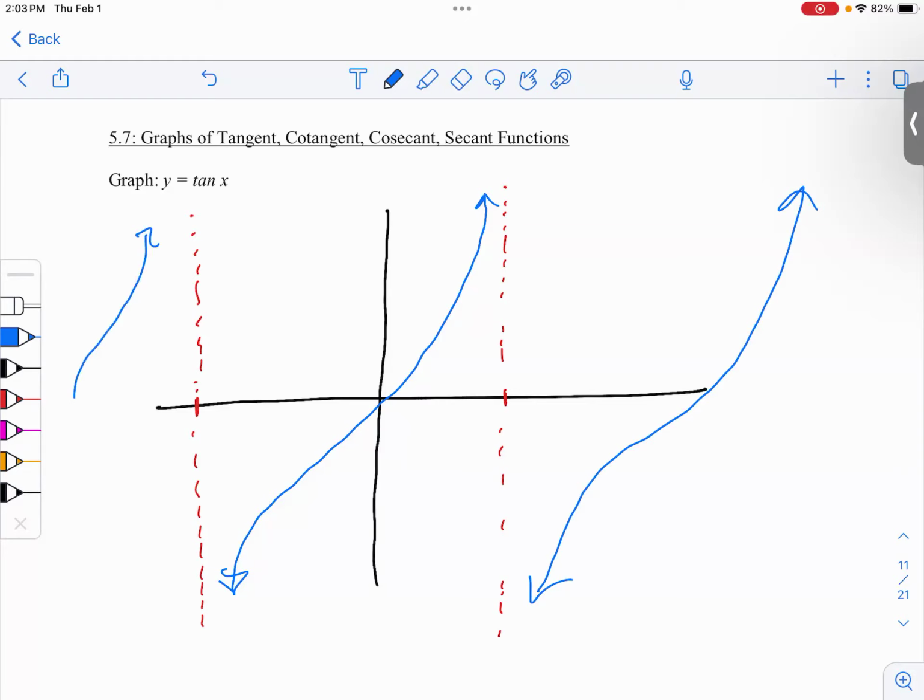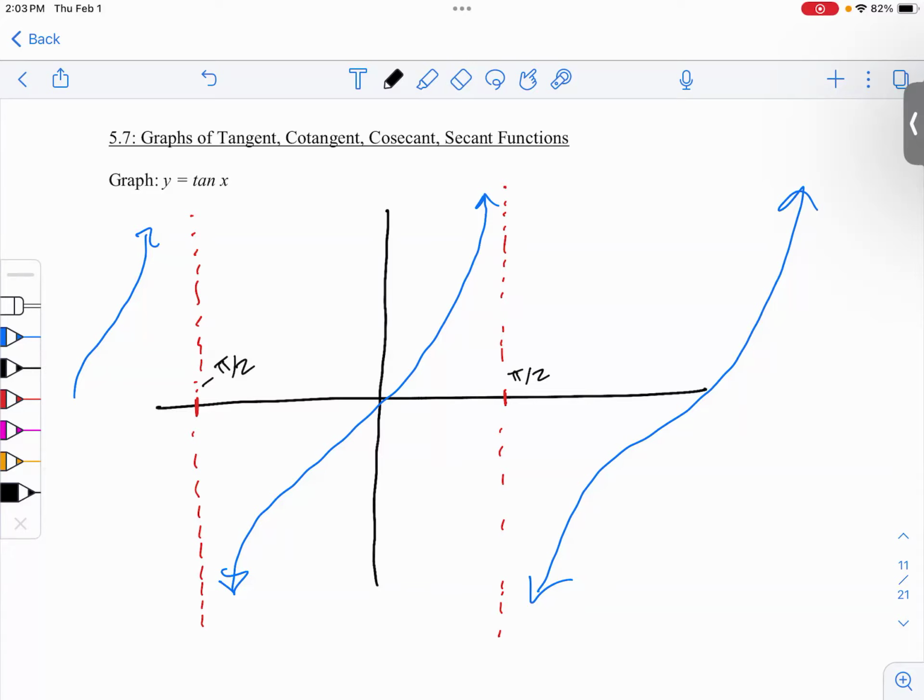So it keeps tangents over and over again. But this value right here, pi over 2, and this value here, negative pi over 2. Tangent, unlike sine and cosine, actually increases to positive and negative infinity, but has an asymptote.